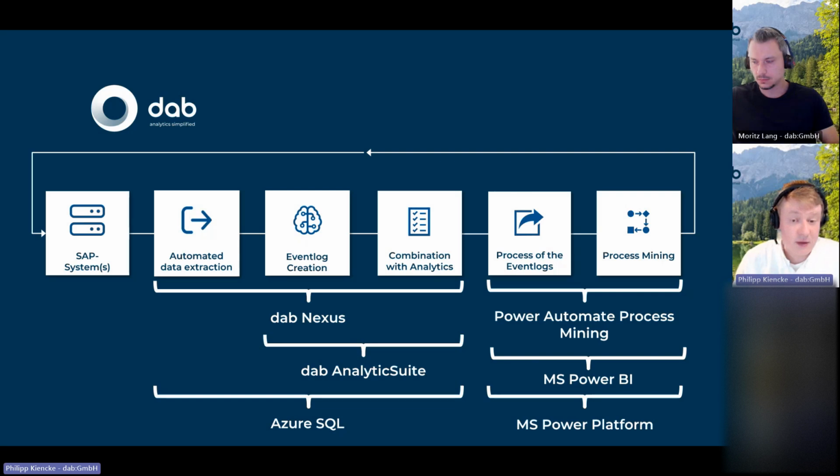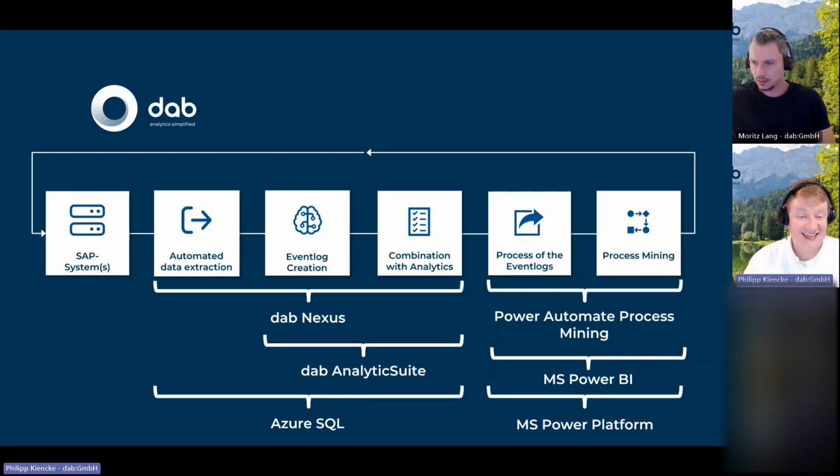So with our data analytics platform, DAB Nexus, we can automatically create a data extraction. So what we actually do is, if you decide for a specific event log or a group of events combined with data analytics, then it's just a few clicks and the Nexus already knows what kind of data is needed.